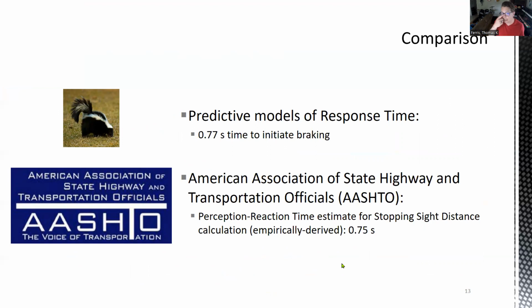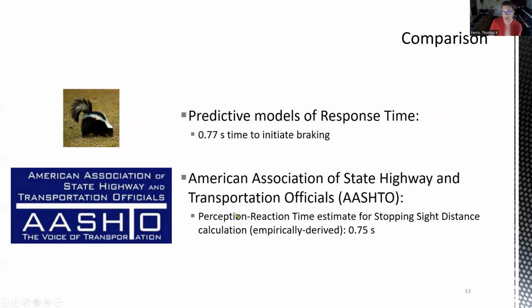So we just predicted, we just made up a bunch of numbers and said, well, about how long would it take? 0.77 seconds. And then I compared that with the design standard, which is used by the American Association of State Highway and Transportation Officials. So, the folks that say, here, this should have a different speed limit for this reason.